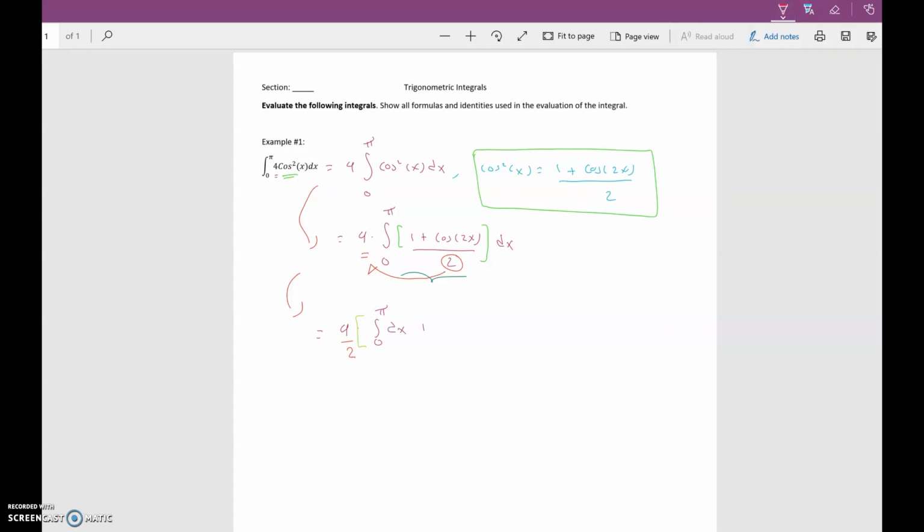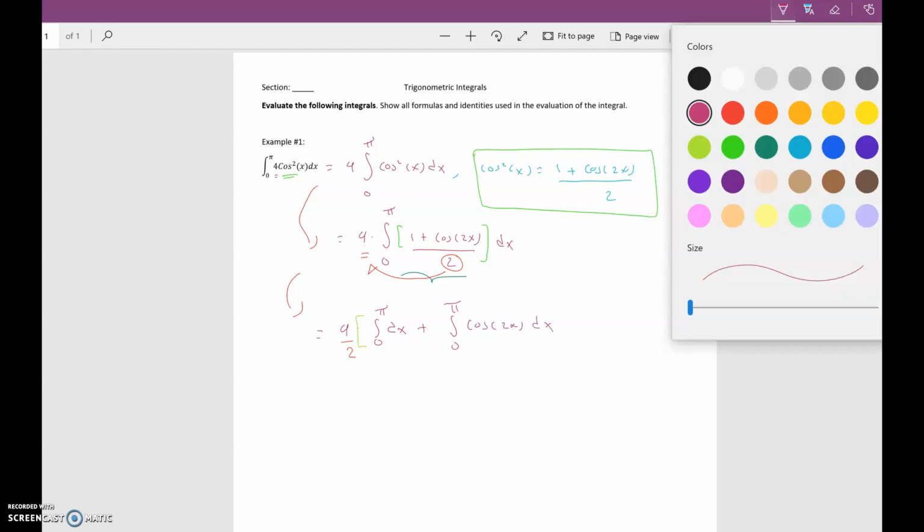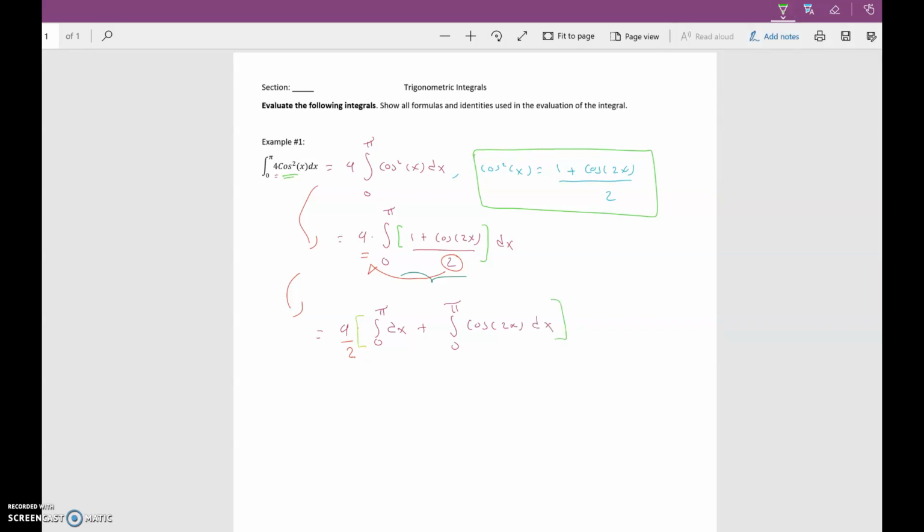So this will be the integral of dx plus the integral from 0 to pi, and we don't have the 2 at the bottom anymore. It was extracted out of the entire 1 plus cosine of 2x. So we just have the cosine of 2x dx, and all of this quantity is going to be multiplied by the 2. No longer the 4. So this is equivalent to 2.